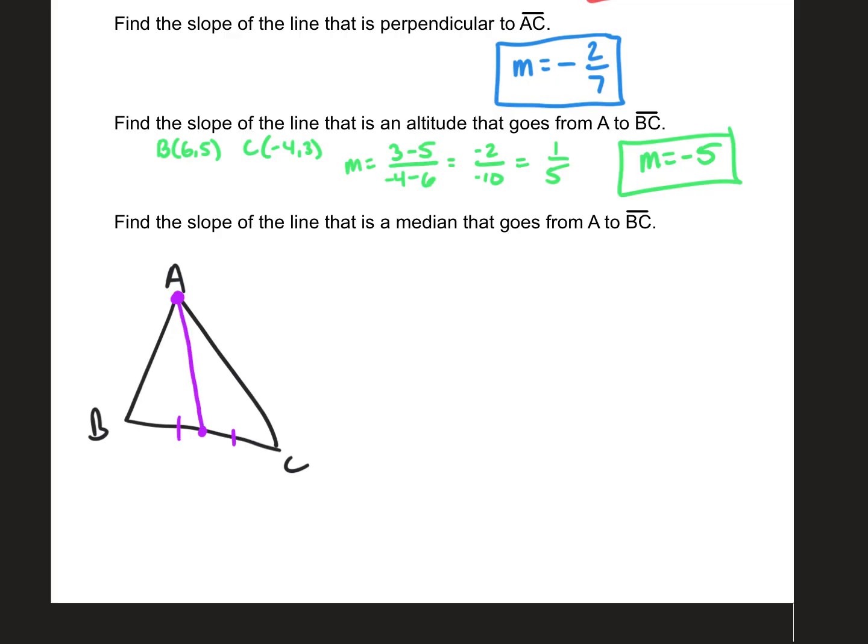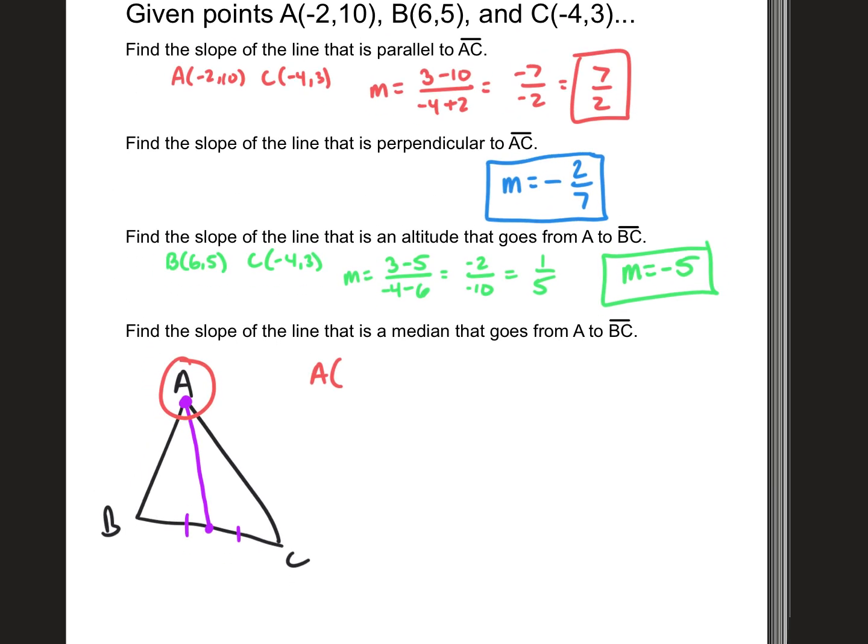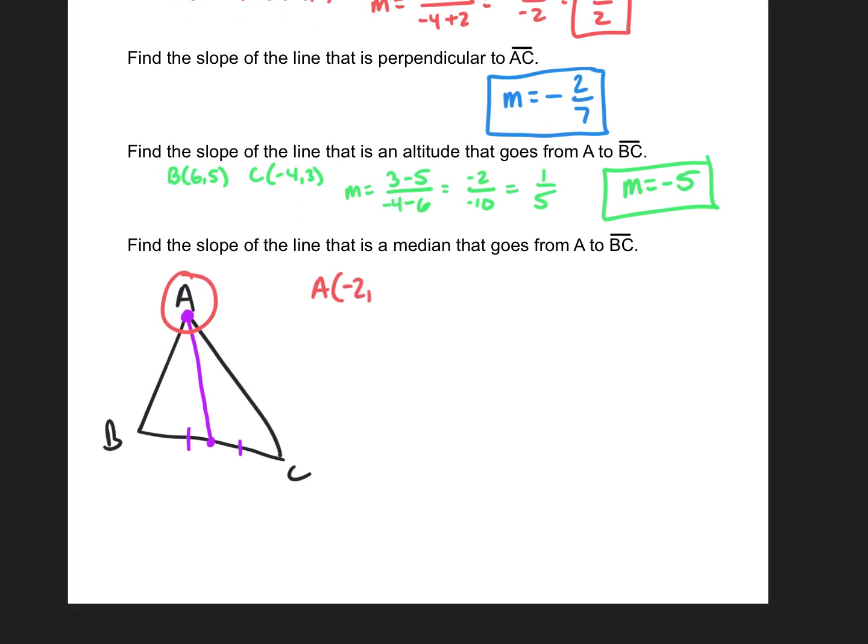So yes, I know the slope of this line passes through this point here, A, which is negative 2, 10. But this median doesn't go through B. It doesn't go through C. It actually goes through M, the midpoint of BC.